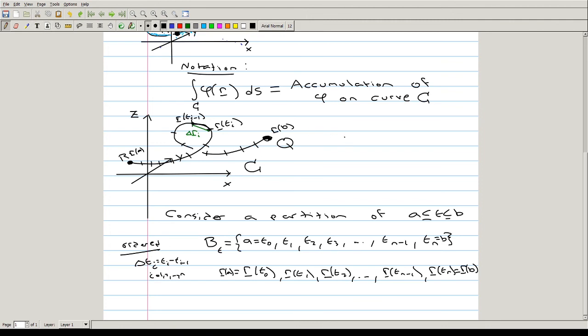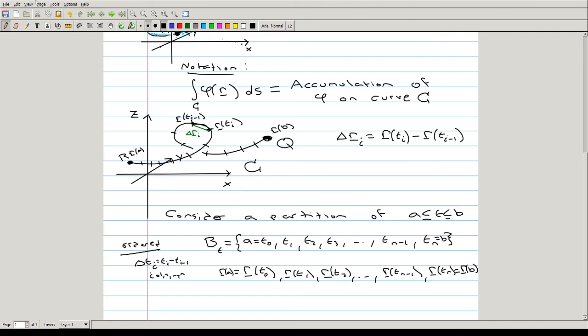It's a distinct directional, ordered line. R at point ti in the partition minus R at point ti minus 1. But this is kind of going to be the key idea here in defining this accumulation.